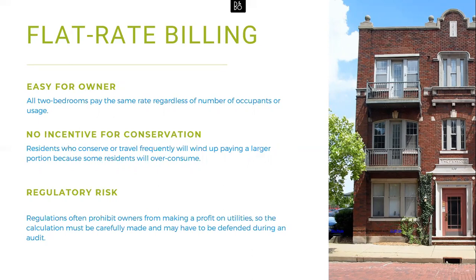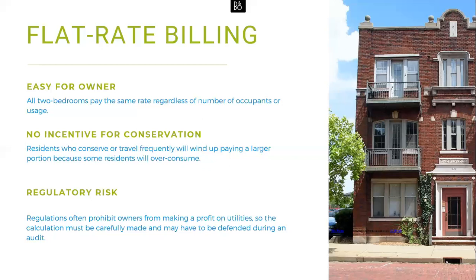And it's easy for the residents because they know what they're going to be charged each month, and they don't see a fluctuating bill that might go up or down depending upon the season. But again, the residents have no incentive to conserve. I've heard from residents who say, well, I'm going to have to pay $40, so why should I make any effort to conserve my heat or water?